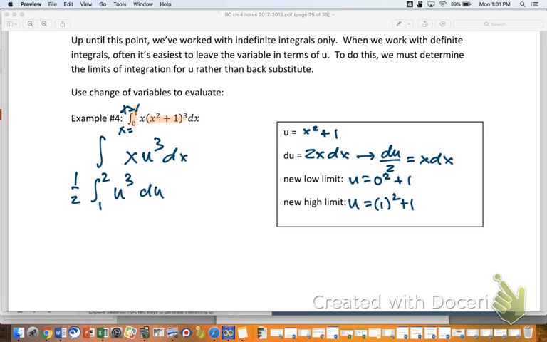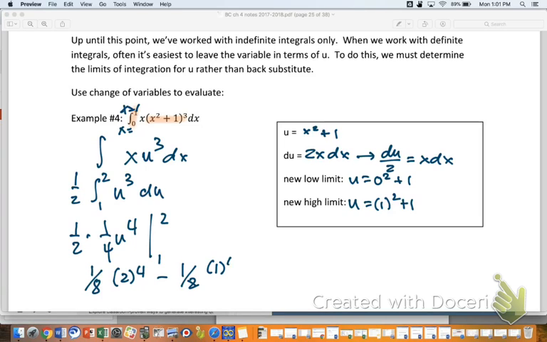So here's how this would finish. Find our antiderivative, 1/2 times 1/4 u to the 4th, evaluated from 1 to 2, and I will not be plugging back in anything having to do with x. Remember, I burned the bridge that leads back to the x's. I'm staying with u's. So this would finish with 1/8 times 2 to the 4th minus 1/8 times 1 to the 4th.